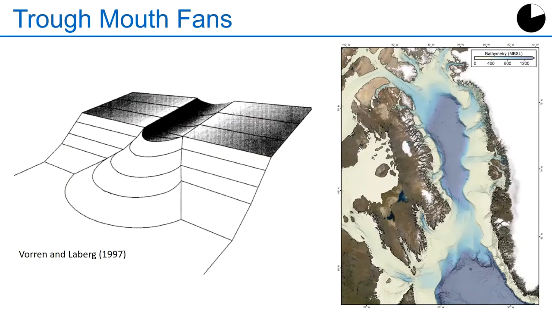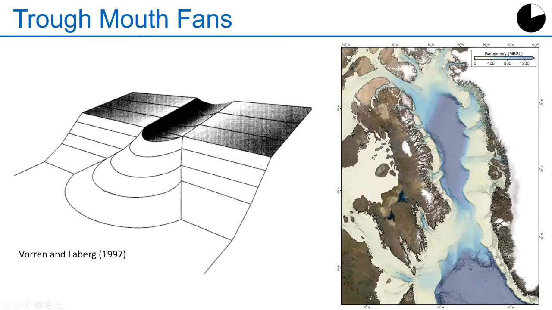And you can see on the right-hand image here how the continental shelf around Greenland is incised by these large troughs. So if you can hopefully see my mouse here, you've got them crossing the shelves here. And at their distal end, we have what are called trough mouth fans. And these are major accumulations of material that takes the form, such as in the schematic on the left.